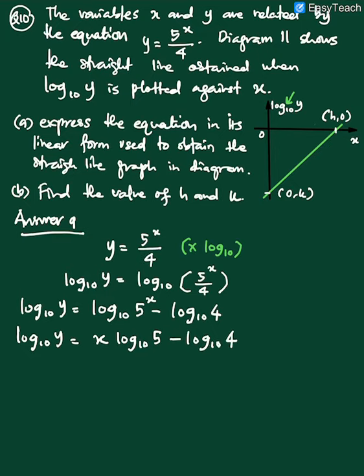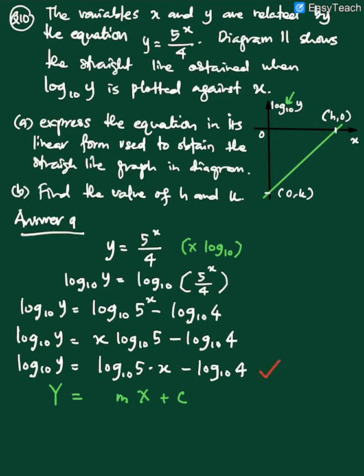Now I would like to change this into log base 10 5 multiply x minus log base 10 4, because I want to compare with the general linear equation, which is y equals mx plus c. Now you can see clearly your y, your x, your gradient and your c, and this is the answer for this question.